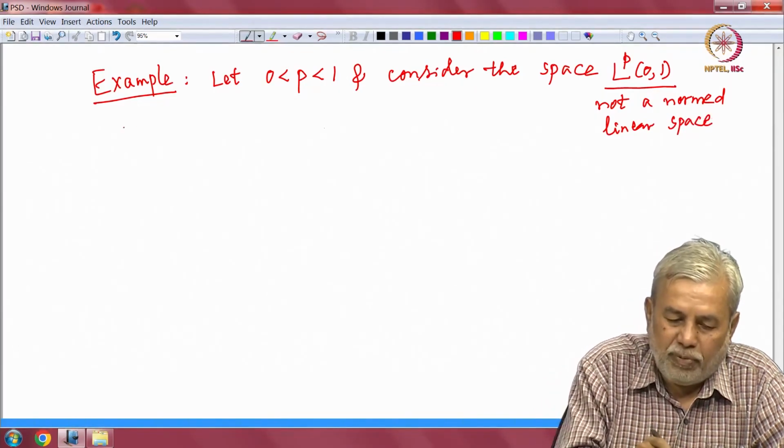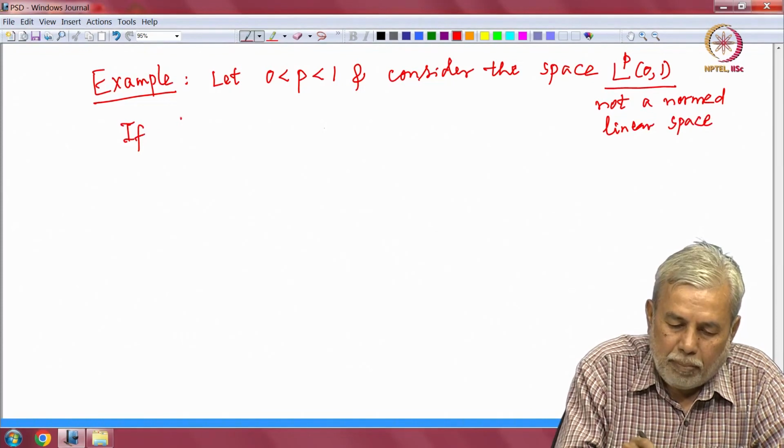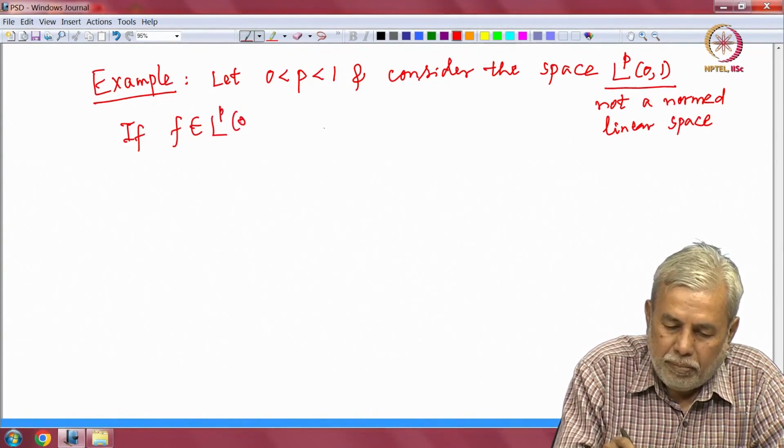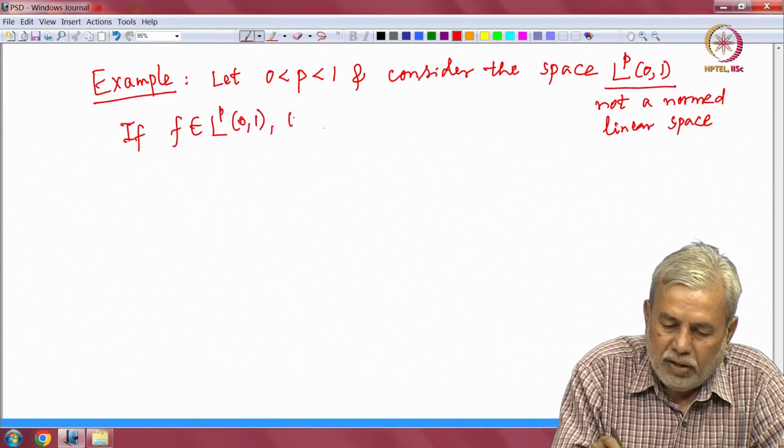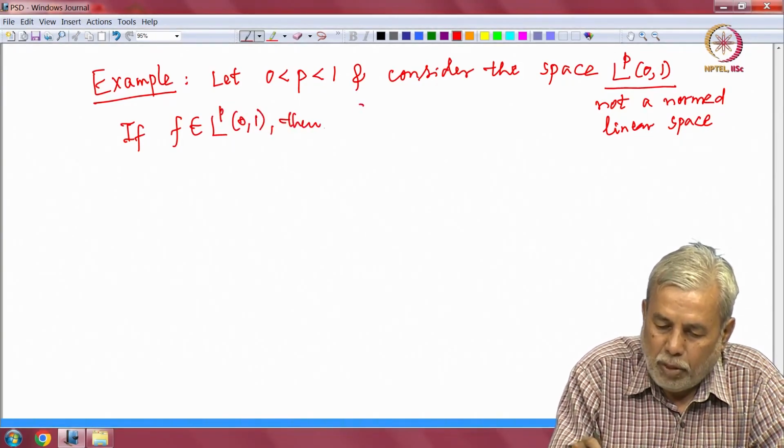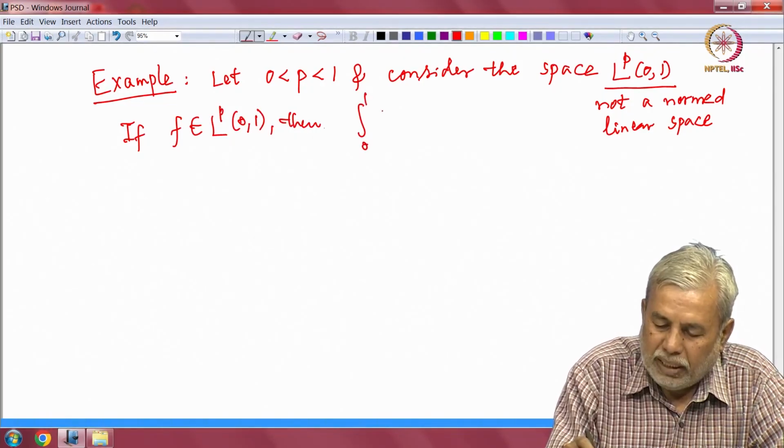Okay. So, if f belongs to L^p(0,1) in this range, by definition, this is the space of all measurable functions for which this is finite.